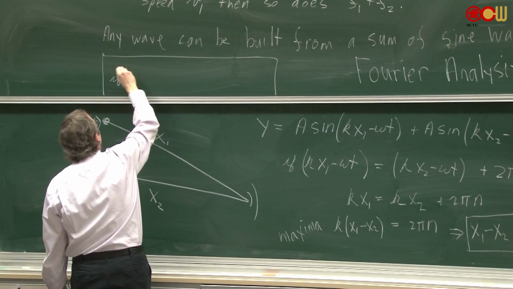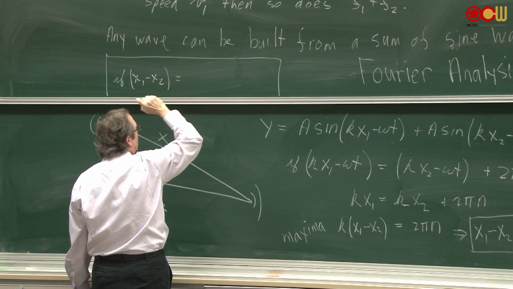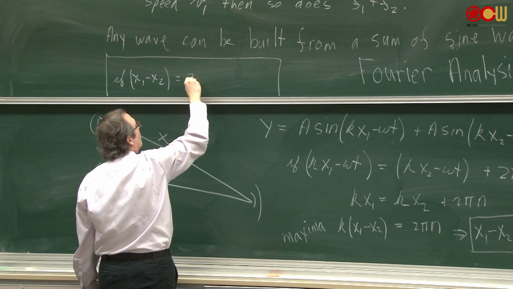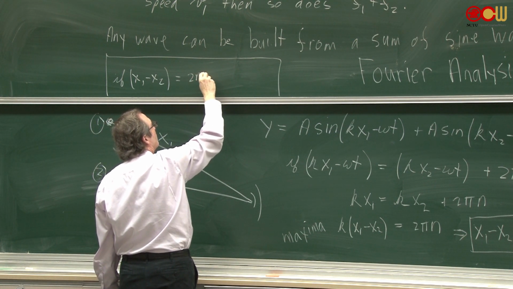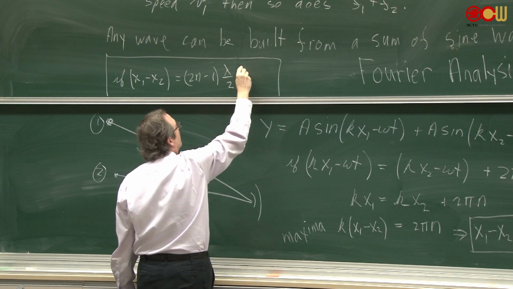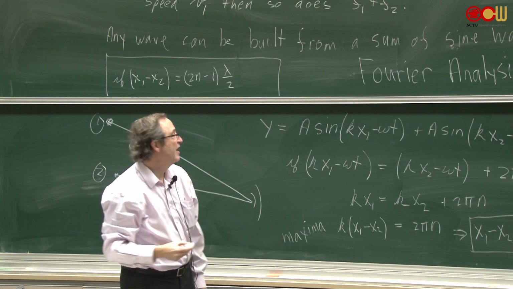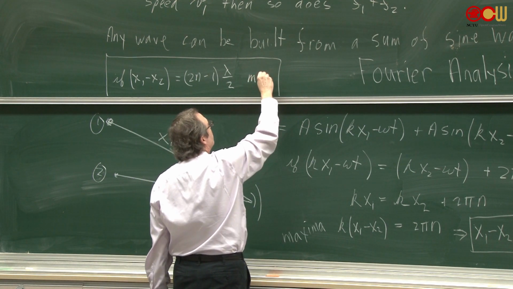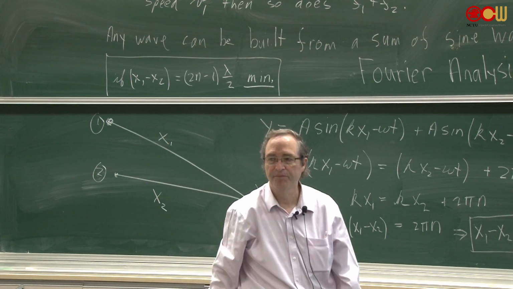So if x1 minus x2 equals, one way of writing that is 2n minus 1 times lambda over 2, then you get a minimum in the intensity.